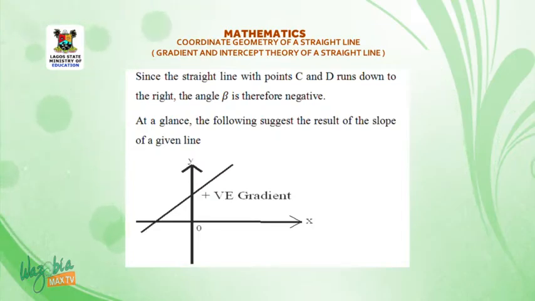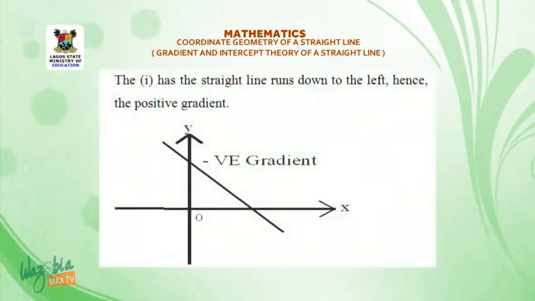At a glance, the following suggests the result of the slope of a given line. In the diagram above, the Roman figure 1 has the straight line runs up to the right, hence the positive gradient.